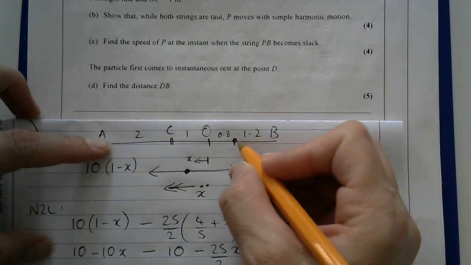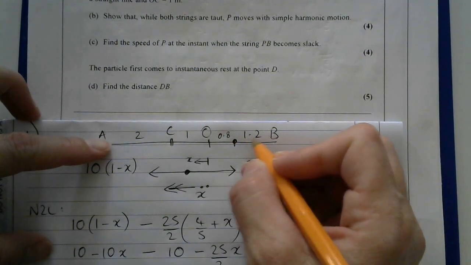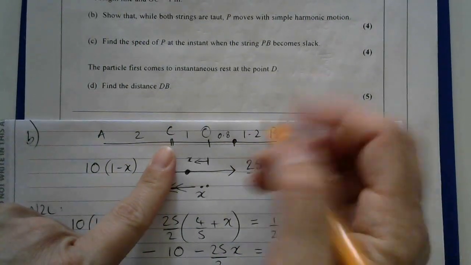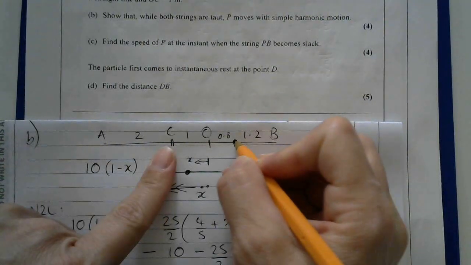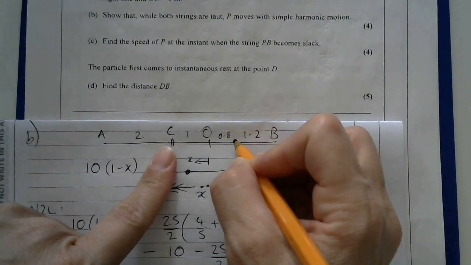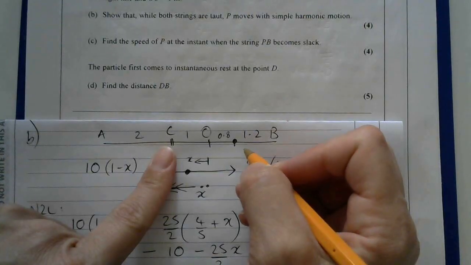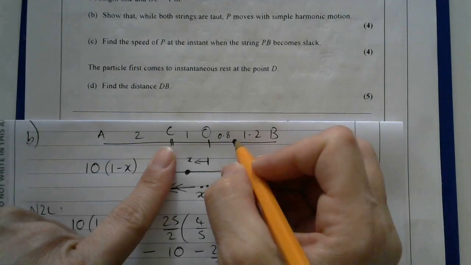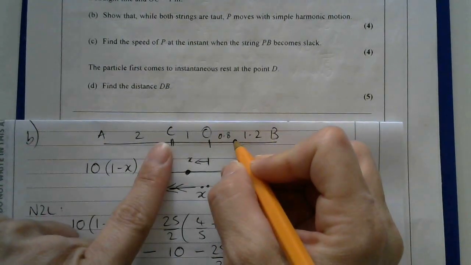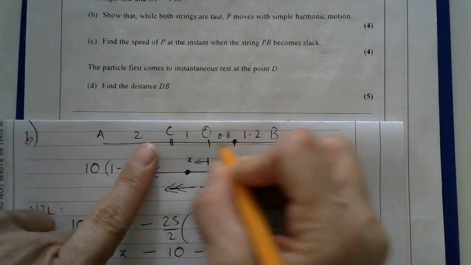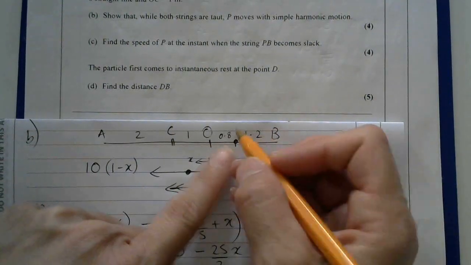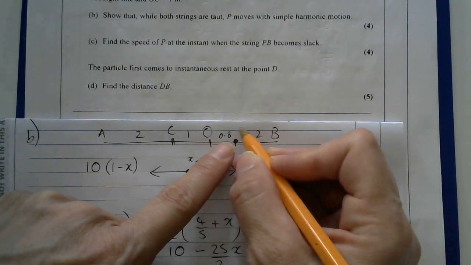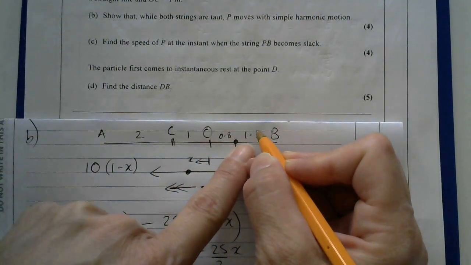So that means I could either work out new values for the simple harmonic motion based only on one string and the speed that I know that it's going with here, or I could use energy to work out when is it next going to come to rest, because this string will continue to extend a little bit. So if you remember, it was moving this way with a speed of 4 in this moment, and so then it will take like a little distance for this to come to rest.